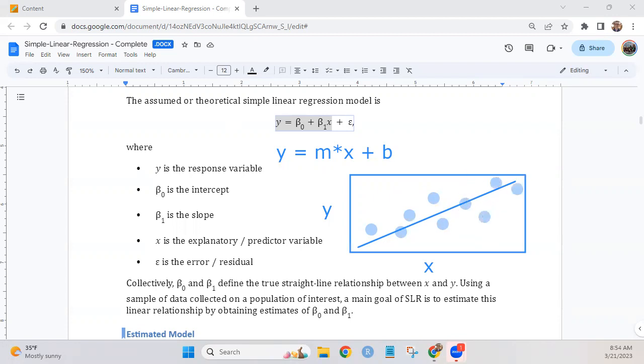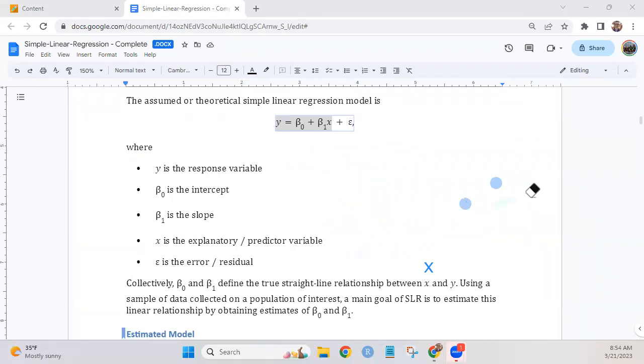In which case, the points don't fall exactly on the line. There's some error or discrepancies between them. And so that's what the epsilon describes, this distance from the straight line up to the observed point. So very similar to y equals mx plus b, just a little bit more going on.